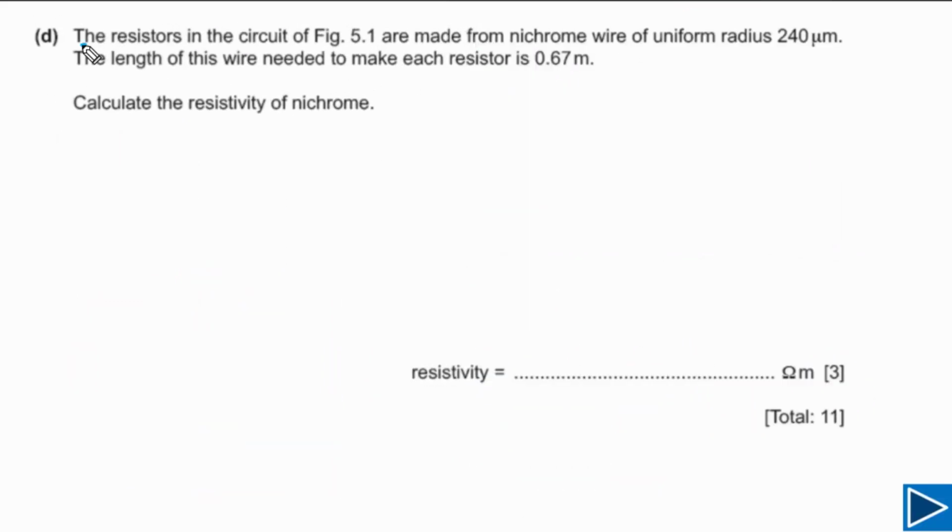For the last part, it is given that the resistors in the circuit of figure 5.1 are made from nichrome wire of uniform radius 240 micrometers. The length of wire needed to make each resistor is 0.67 meter. We need to calculate the resistivity of nichrome.